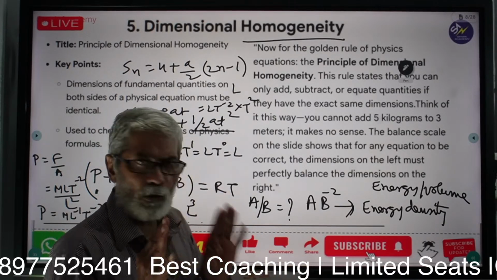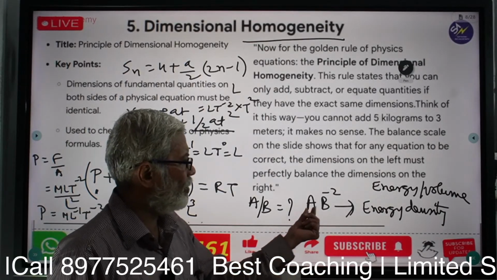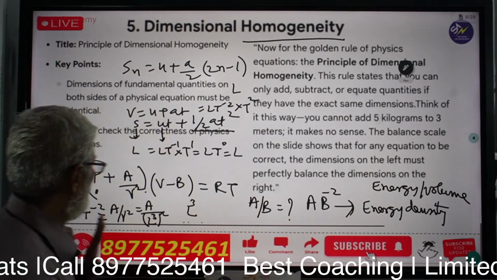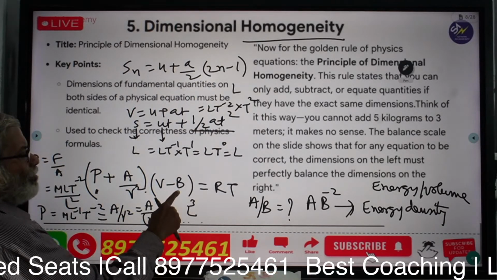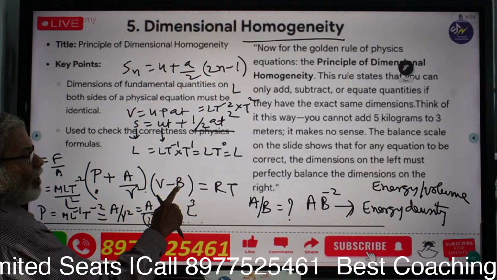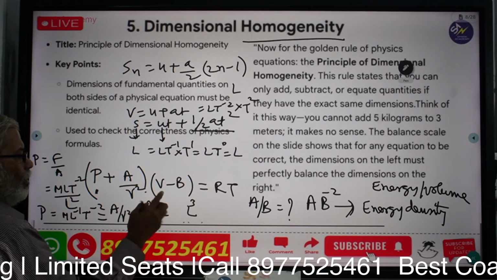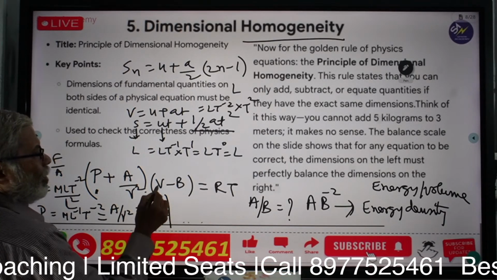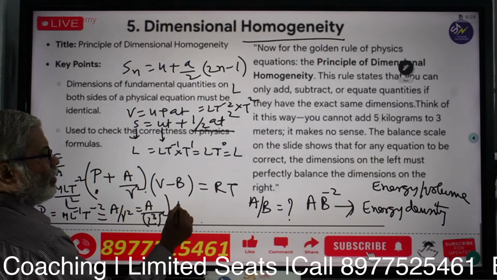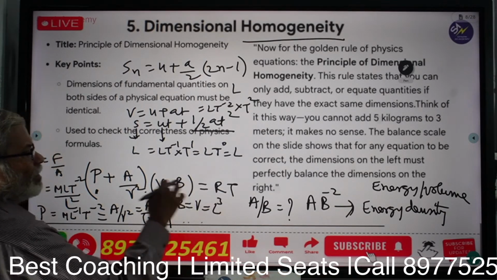So first and foremost, you should find out the dimensions of A and B. How do you use the principle of homogeneity? The dimension of B will be equal to the dimension of V, volume, that is L cube, correct.